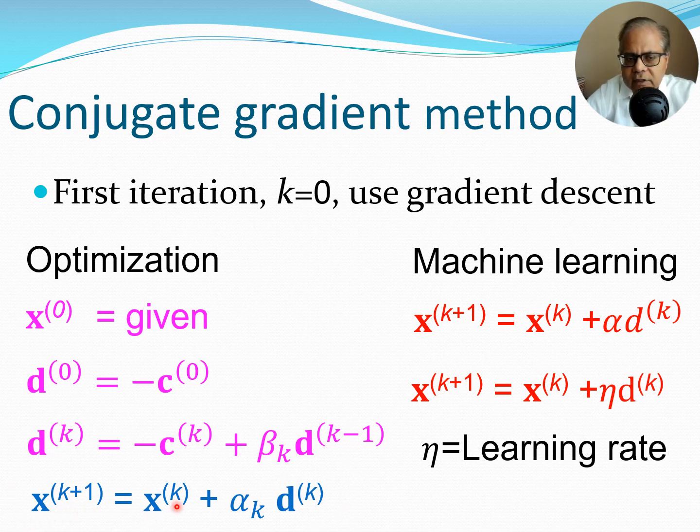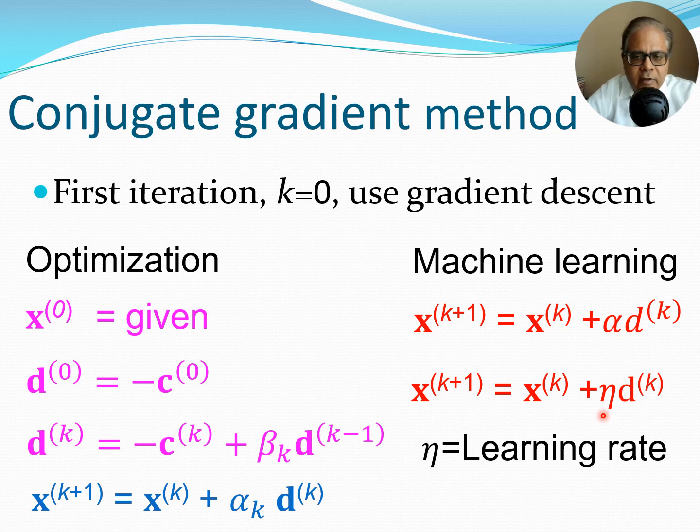Xk plus 1 is xk plus alpha k dk, where alpha k is the one-dimensional step size, and for each value of k you will typically call some 1D algorithm and calculate this alpha k. Now if we want to use conjugate gradient in the machine learning approach, then we can just put alpha here, and this will essentially become the learning rate of this algorithm.